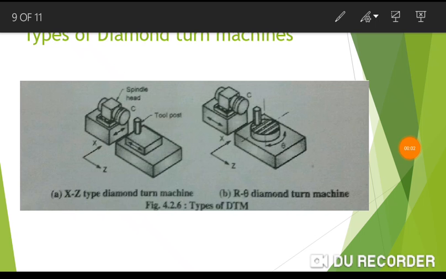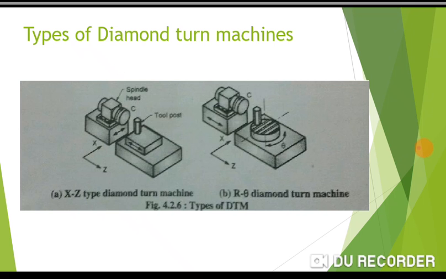The diamond turning machine can be classified in many ways, such as number of axes, type of coordinate system, and type of machining. We have broadly classified the diamond turning machine into two types: XZ diamond turn machine and R theta diamond turn machine. The XZ diamond turn machine, as you can see, is similar to a conventional lathe machine, where the spindle head moves along the x-axis and the tool post moves along the z-axis.